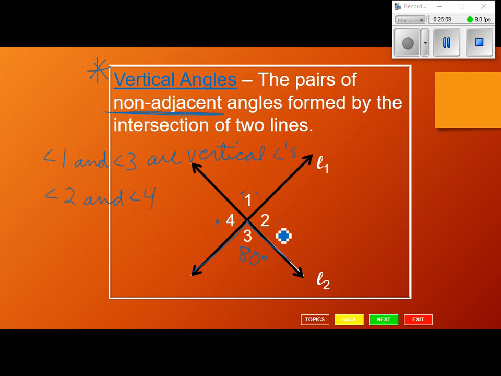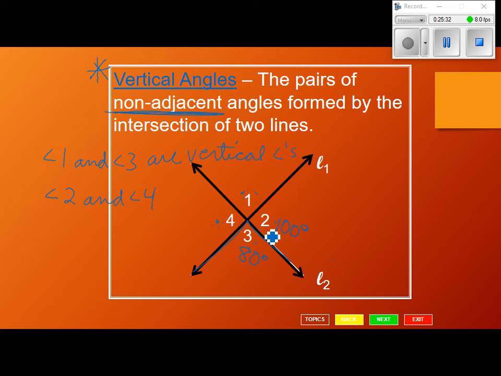Well, I can look at angle 2 over here, and I know that angle 2 has to be a linear pair with angle 3, and they have to be supplementary to each other. Well, if those two are supplementary, that means they got to add up to 180. If this is 80, then this one over here has to be 100. That one's 100 degrees, and this one's 80 degrees.